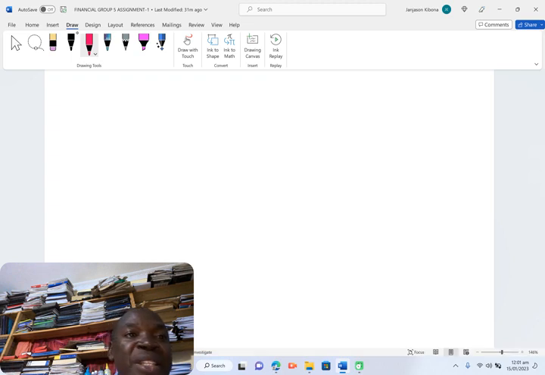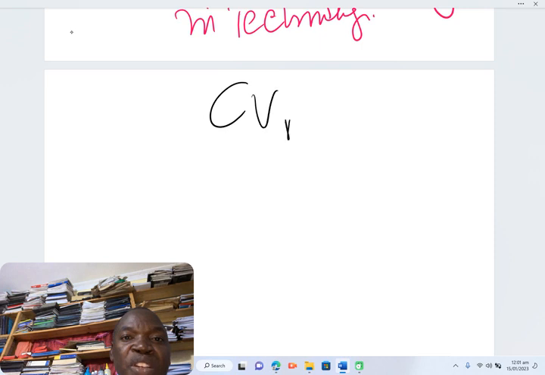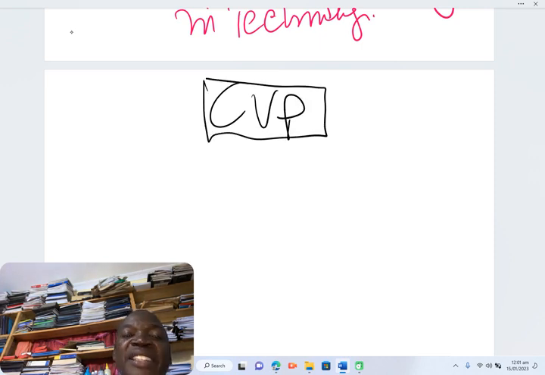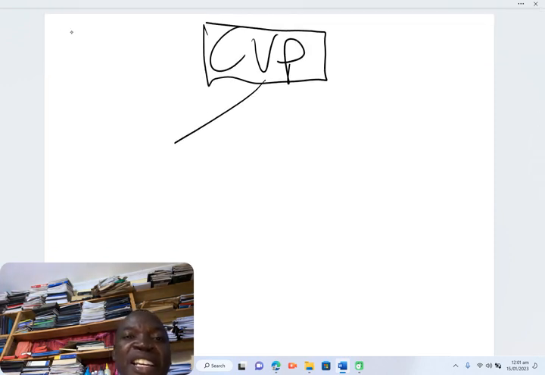Based on this problem and these assumptions, there are two ways to treat the CVP formula. So CVP is analyzed in two formulas, number 1 and number 2.